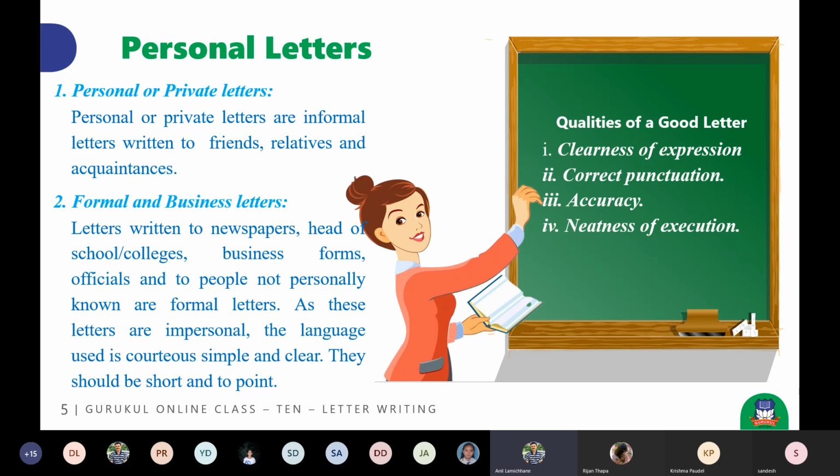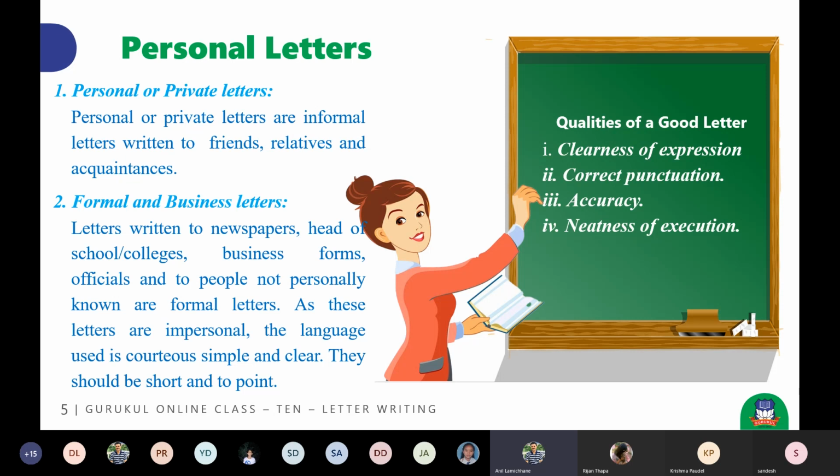And accuracy, it demands the accuracy of your writing. And since it is handwritten, neatness of execution it requires. So these are some of the qualities of a good letter. You can add to them, and there can be more than this. It's not that only this many. Only some are listed there.